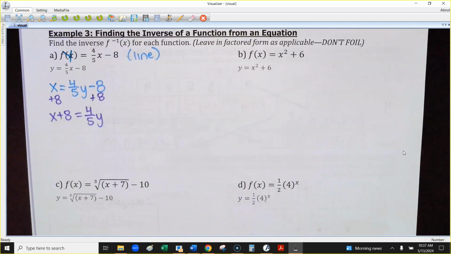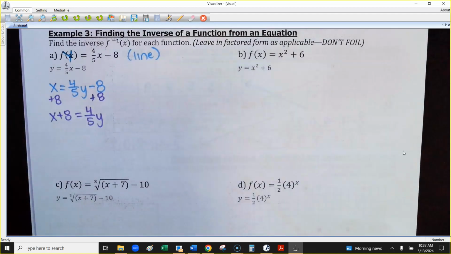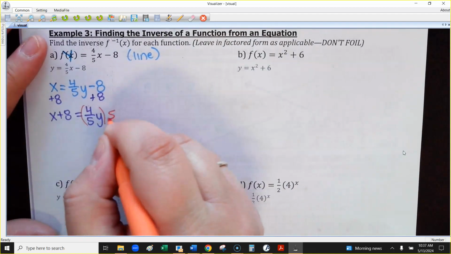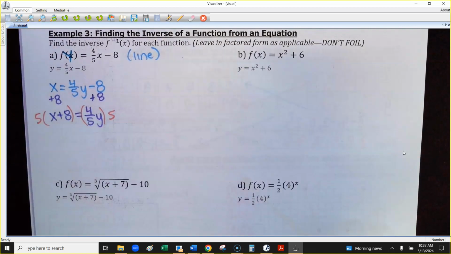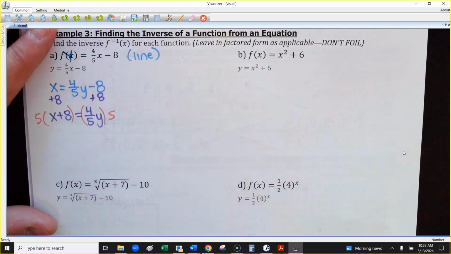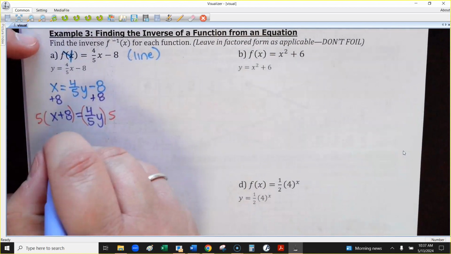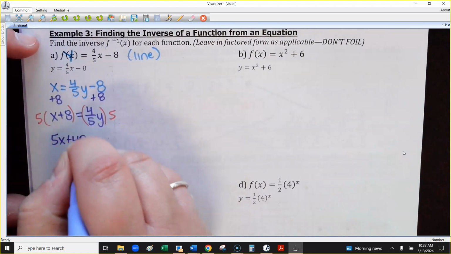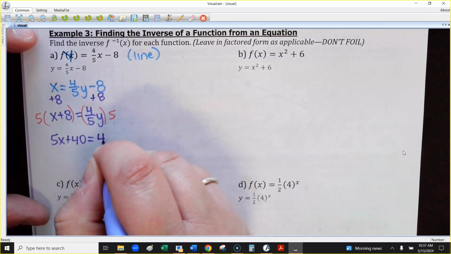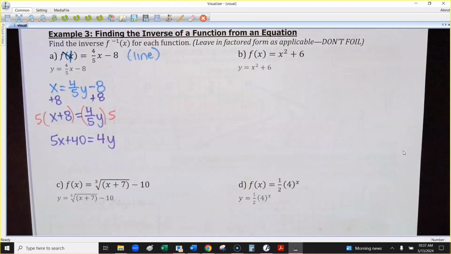Okay, so let's multiply by 5. We'll get that out of the denominator. On the left side, you're just going to have to do a little distributive property. So we're going to end up with 5x plus 40. And over here, you would still have the 4 with the y, because when I multiply 4/5 by 5, it's going to cancel out the bottom of that only.